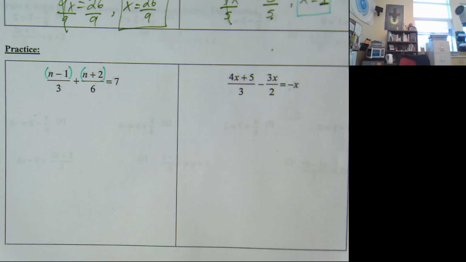Multiply this guy, this guy. Multiply each chunk on each side by everything you're choosing to multiply by. That is the single most common mistake that I see.